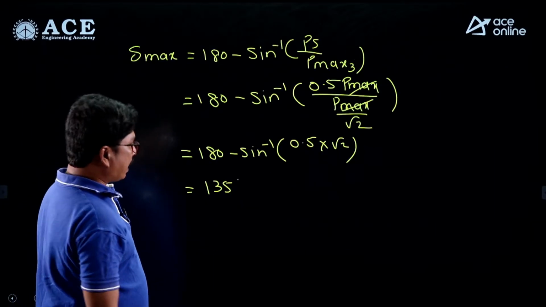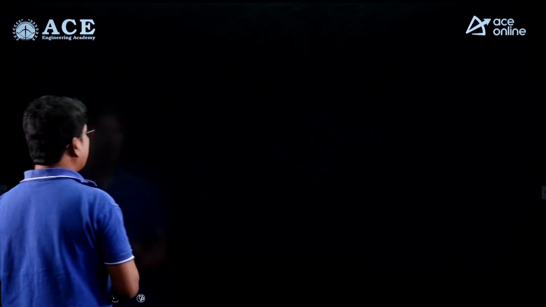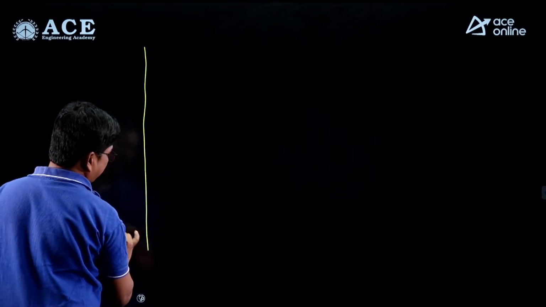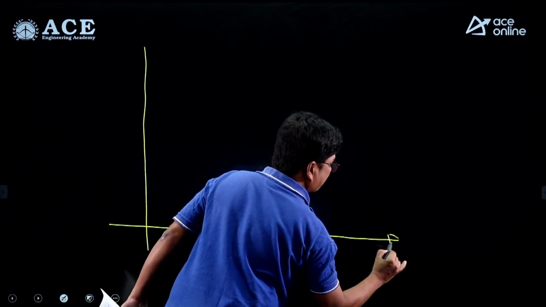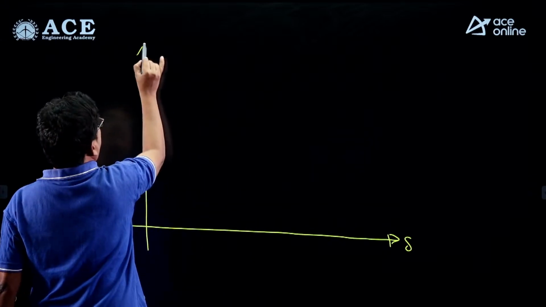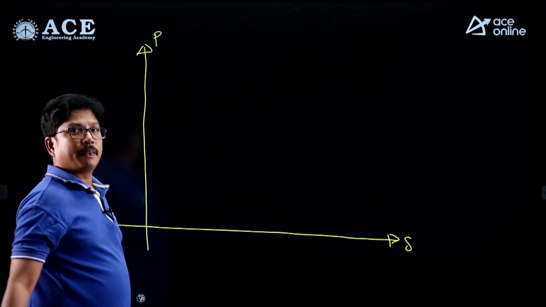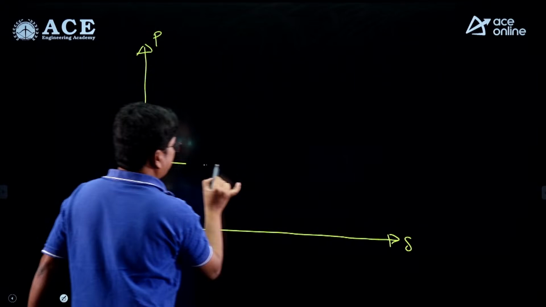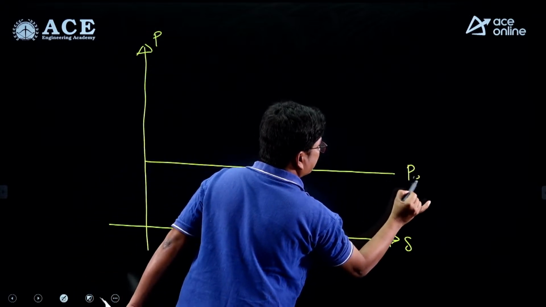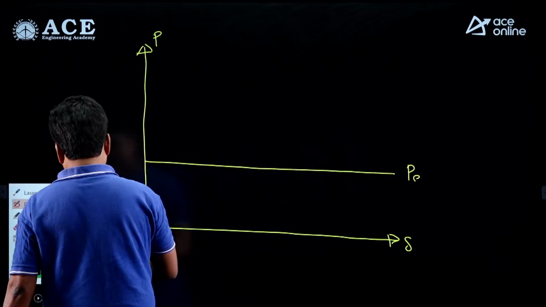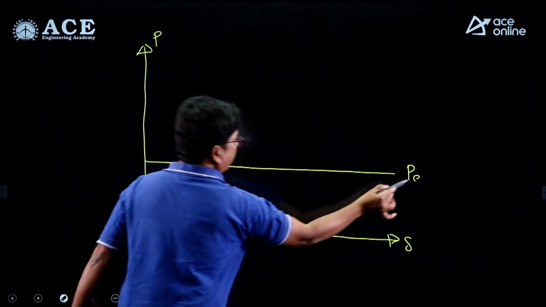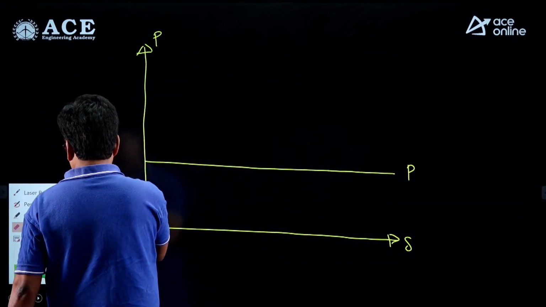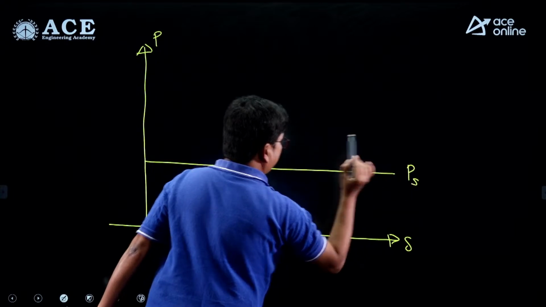So what is the accelerating area, students? Just see here. This is the power angle characteristic, this is delta, and this is the power. This is the mechanical input, or shaft power input, Ps.